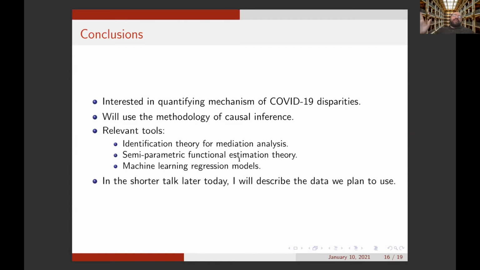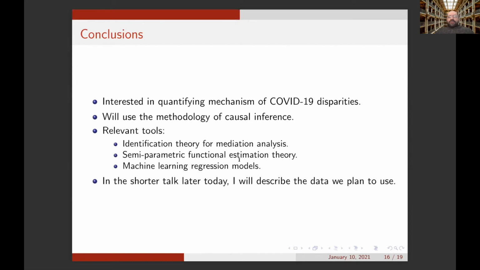If we think about race with many, many components, components that lead to structural racism, components that have relevant biological factors, components that lead to pre-existing comorbidities, we're going to try to set up a hypothetical trial where we manipulate only one of those components and think about the outcomes. And in that way, we'll try to quantify how much of the observed disparity having to do with the outcome is attributable to manipulating that one component. And then we'll try to use identification theory, semiparametric functional estimation theory, and machine learning to use observed data obtained from electronic health records to try to get at this question.